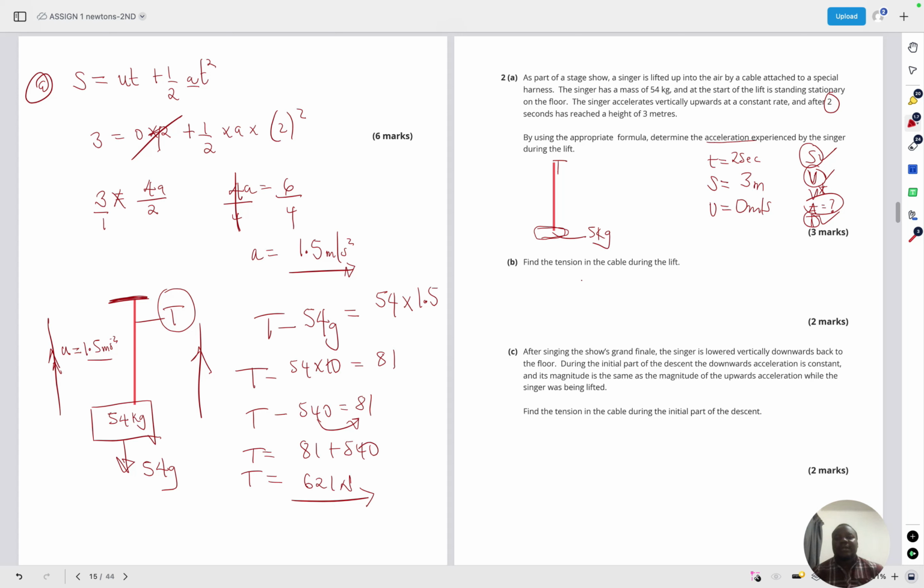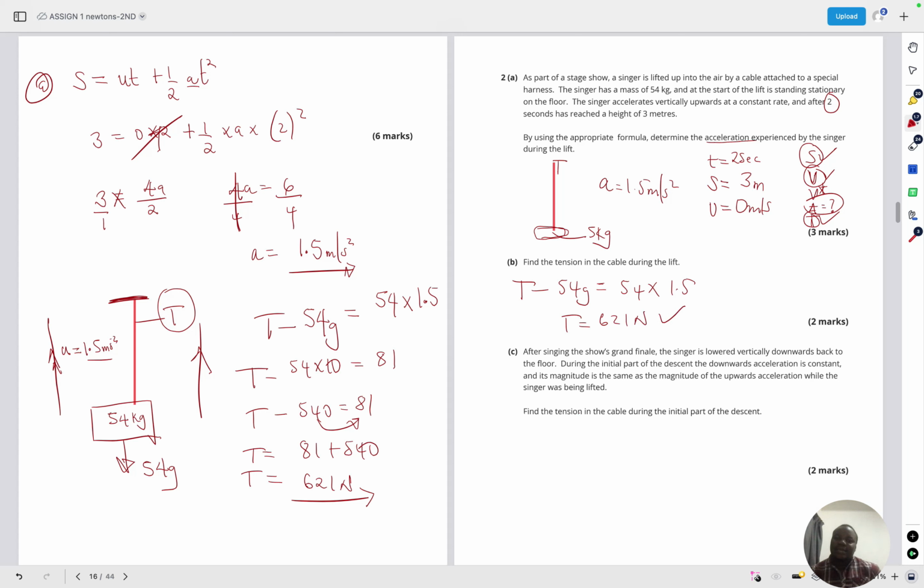So that's our tension there. What we needed was to know that the tension minus the weight force, which is 54g, should be equal to the mass times acceleration, where the mass is 54 and the acceleration is what we found at A as 1.5 meters per second squared, and then working this out gives us T equal to 621 newtons, which is the answer for B.